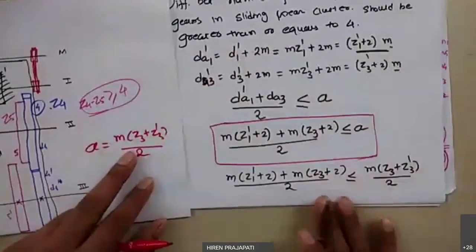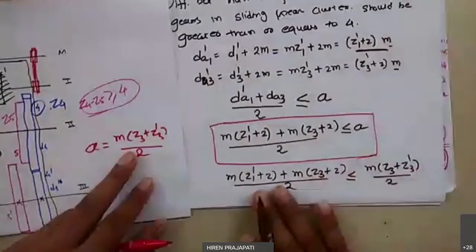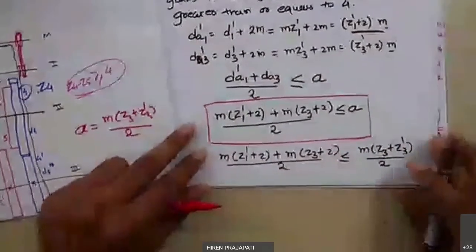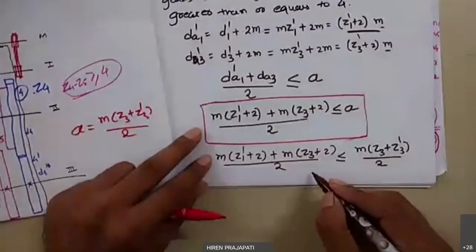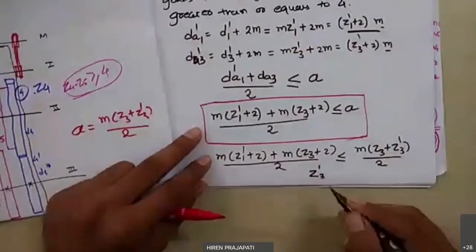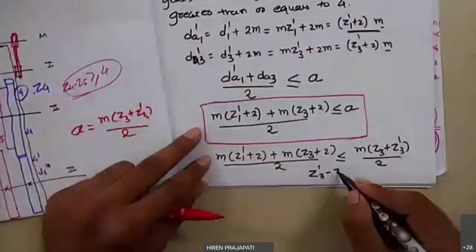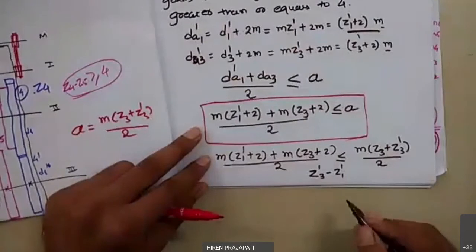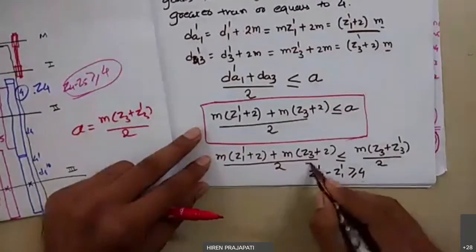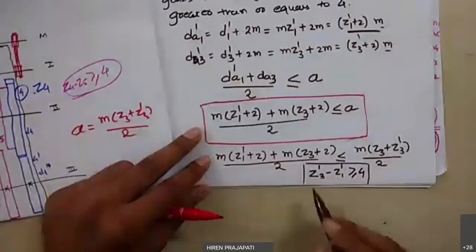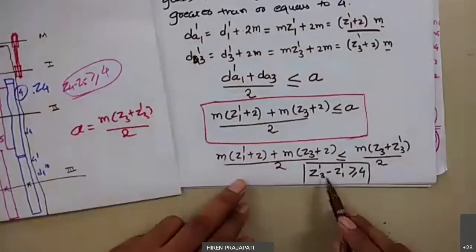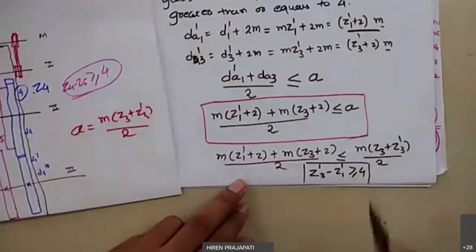Now if you try to solve this equation, you will get z3 dash minus z1 dash greater than or equal to 4.